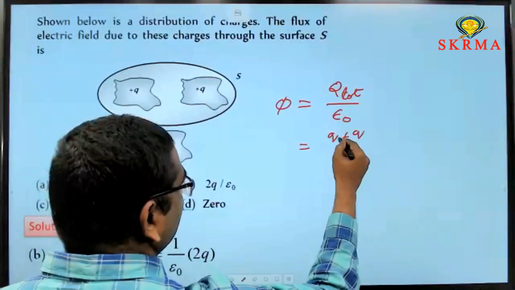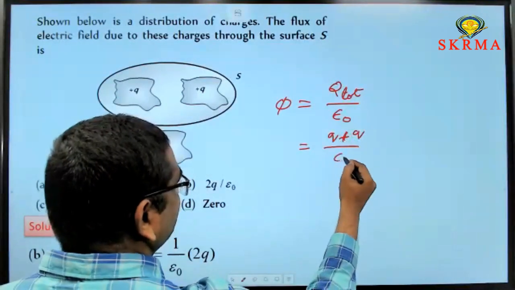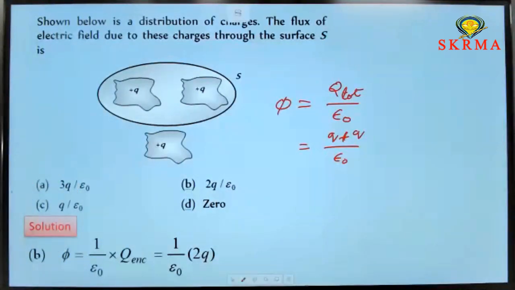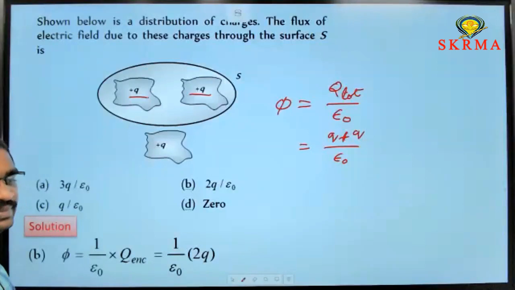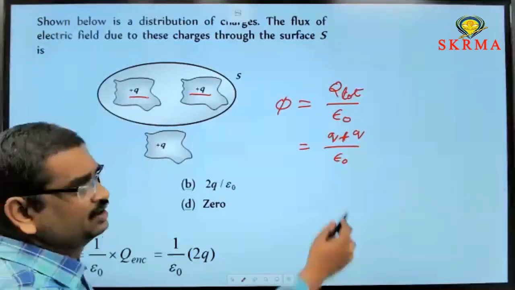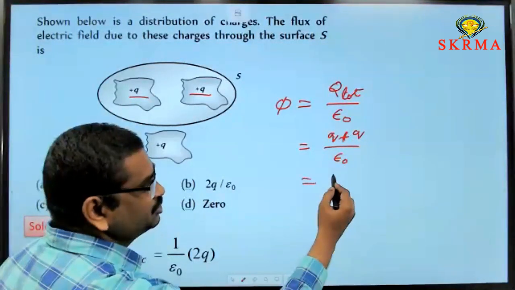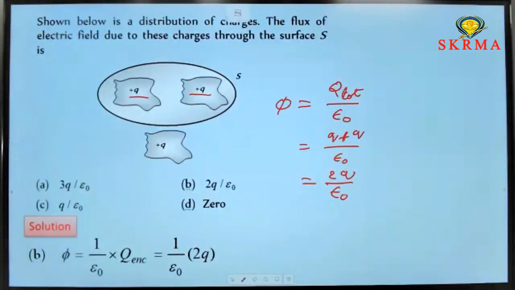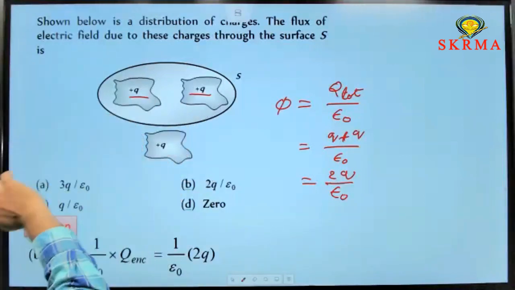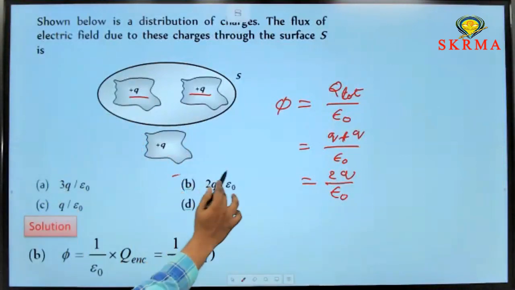Only the charges within the surface we need to consider. Here, plus Q and plus Q are within the surface. So it should be 2Q. 2Q by epsilon naught is the flux. So what is he asking? Flux, right? So option B is correct.